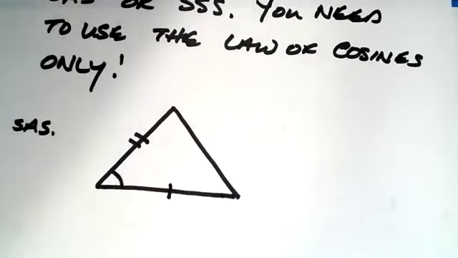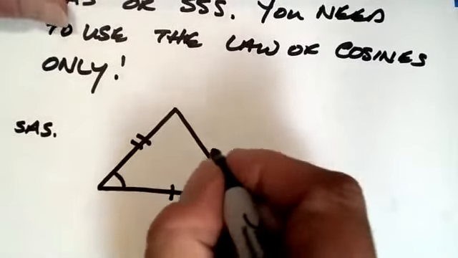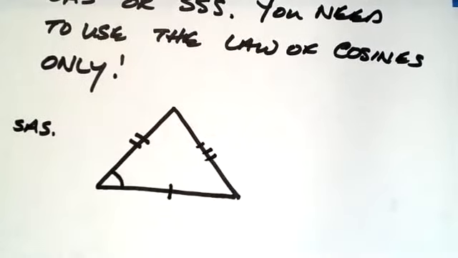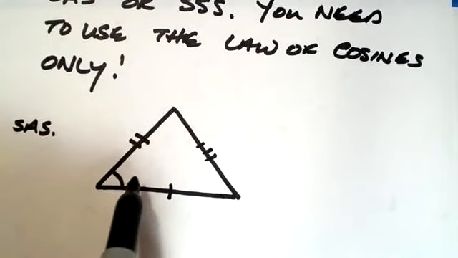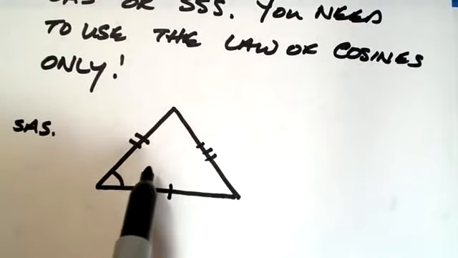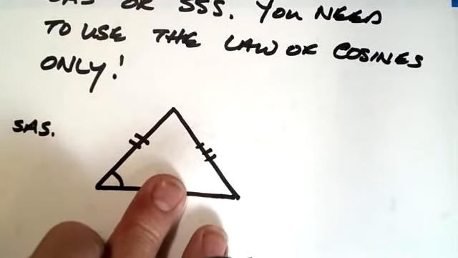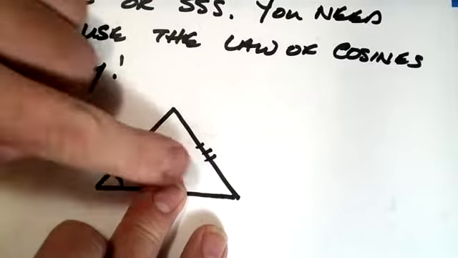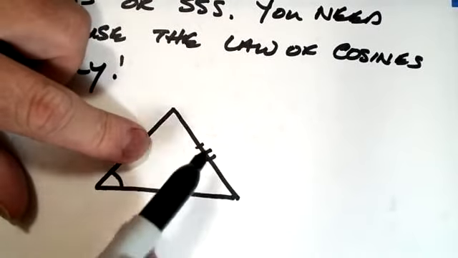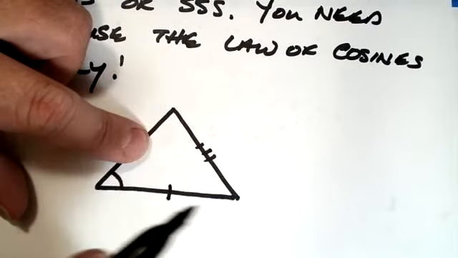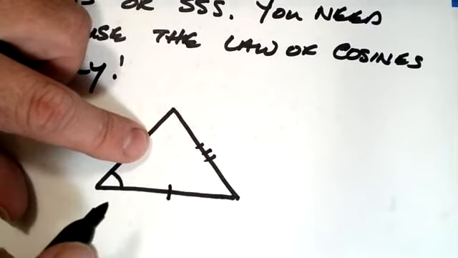Now it's very tempting to use the law of sines because you have an angle and its opposite side. But I want you to look at what situation that is. Either if you use those two sides to find this angle, or if you use these two sides to find this angle, both of those situations are the ambiguous case.